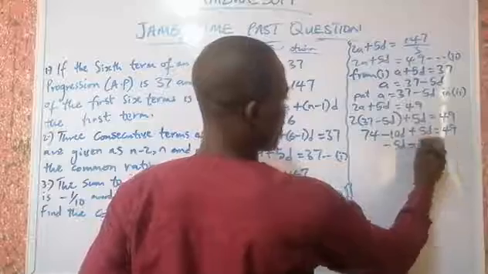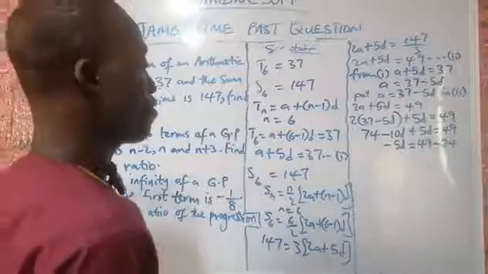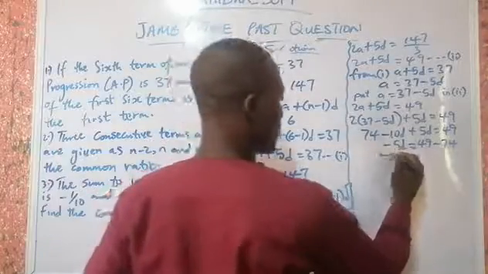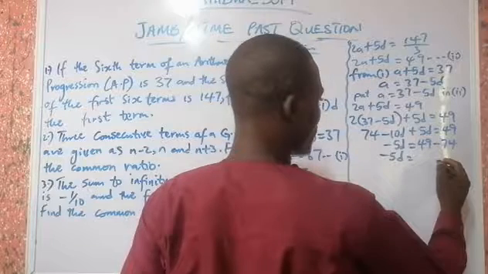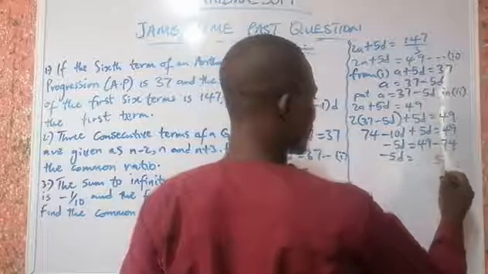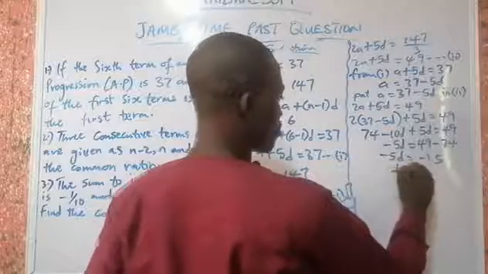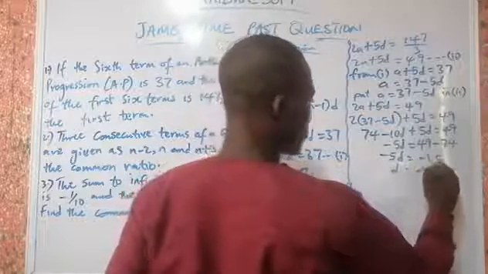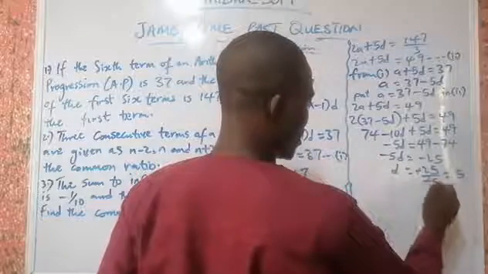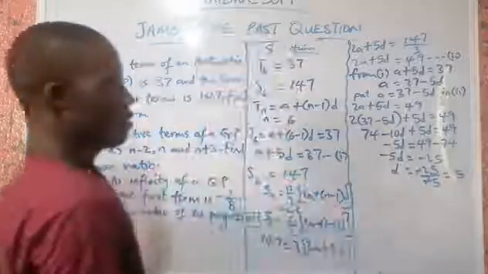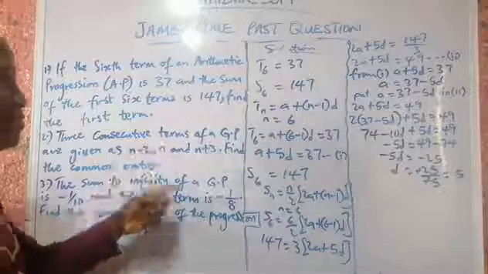Subtracting 74 from both sides, minus 5d equals 49 minus 74, which is minus 25. So d equals minus 25 over minus 5, which is 5. But it's not d they want me to find, it's my first term.